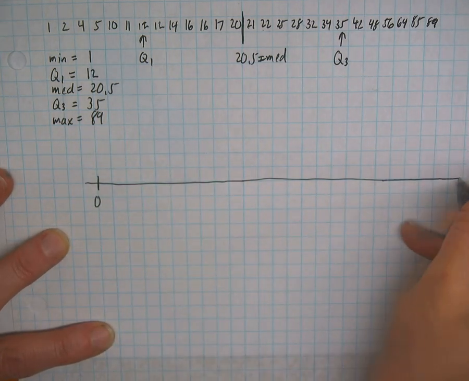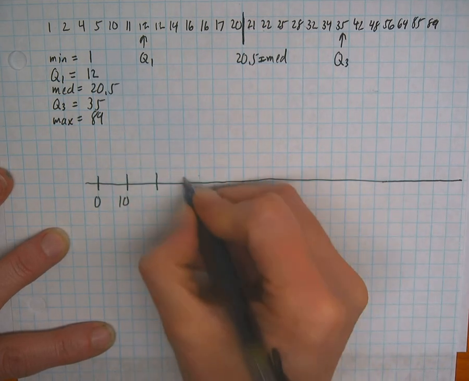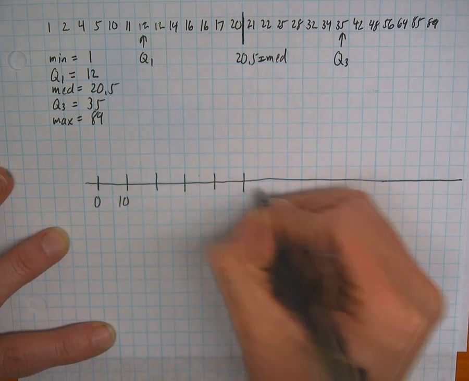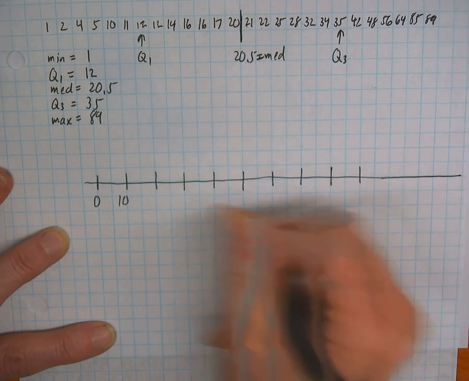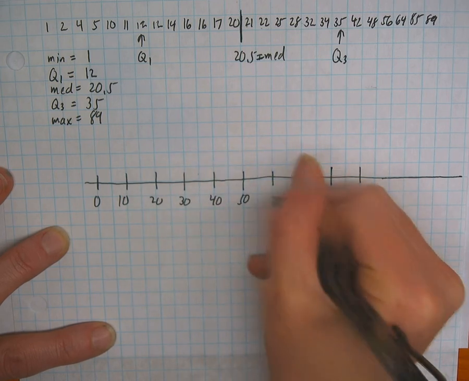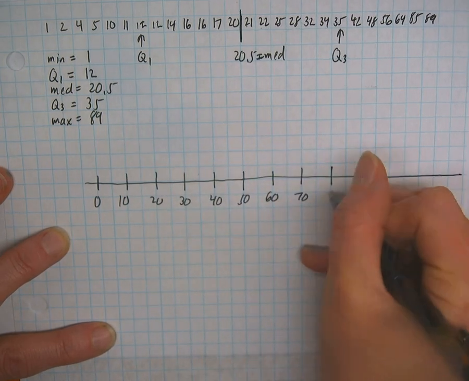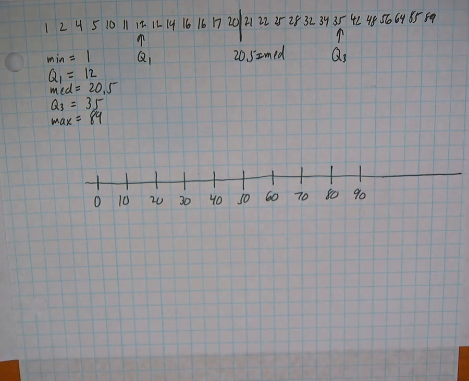I think I could maybe do every 2 dashes is 10. Let's see, 20, 30, 40, 50, 60, 70, 80, 90. That'll fit nicely. You just want to make it fit on the page, but take up a decent amount of the page. You don't want it to be super tiny, or else the little boxes you draw will be tiny.